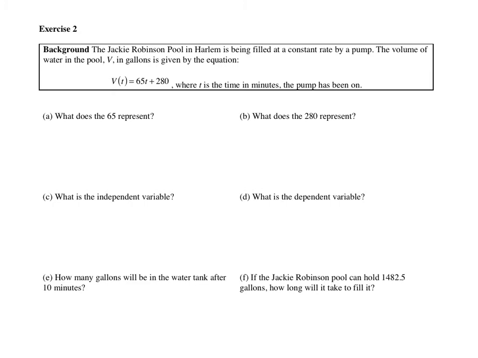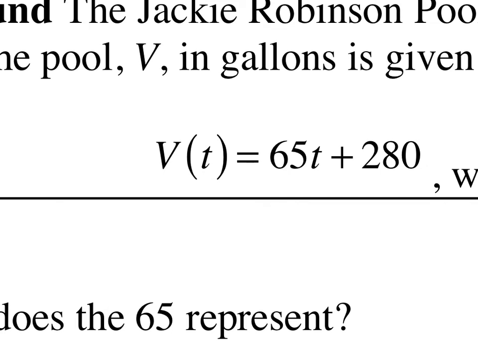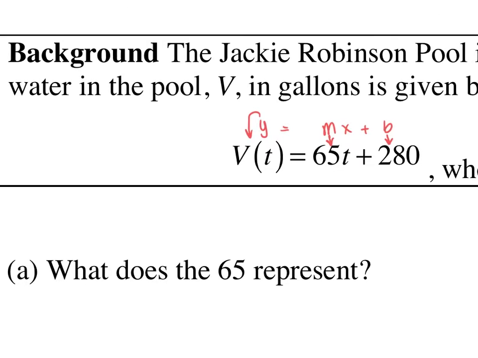The volume of water in the pool, V, in gallons, is given by the equation V of T equals 65T plus 280, where T is the time in minutes that the pump has been on. Remember, this is linear, so I can say y equals mx plus b. My y value is my V of T, my slope is 65, and my y-intercept is 280.